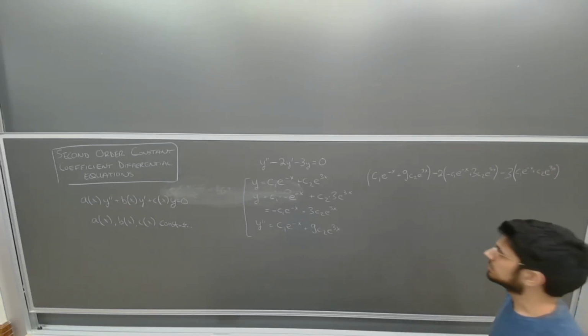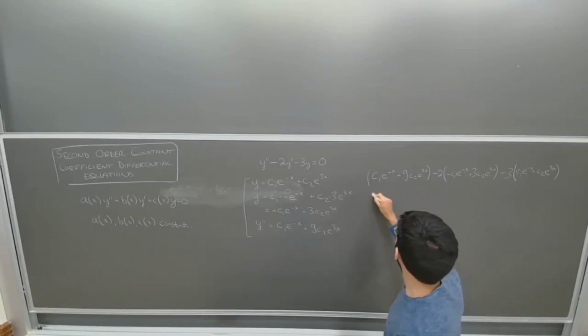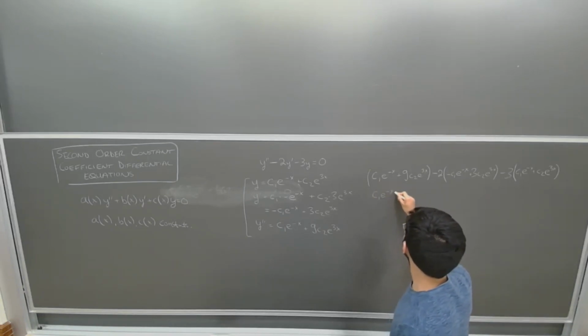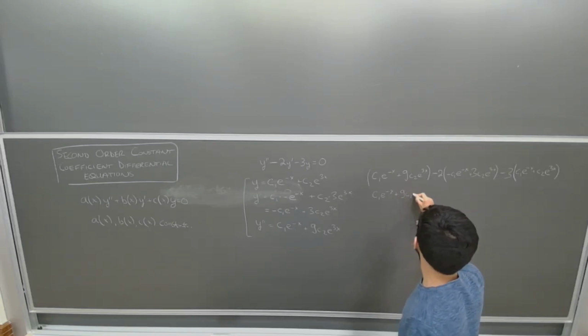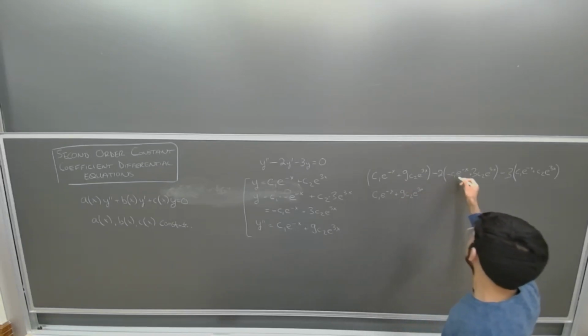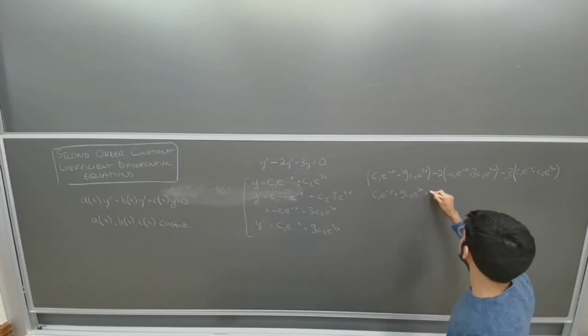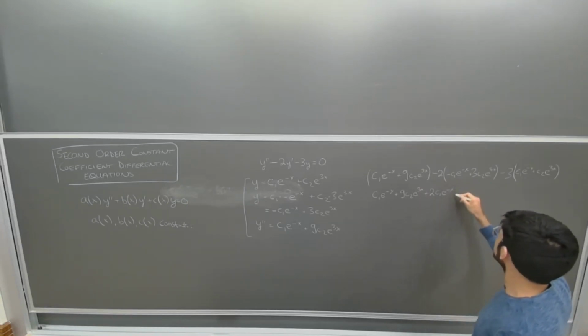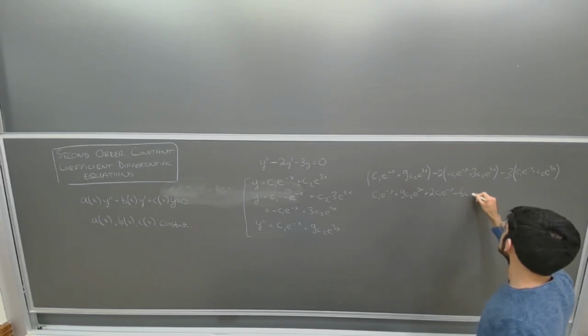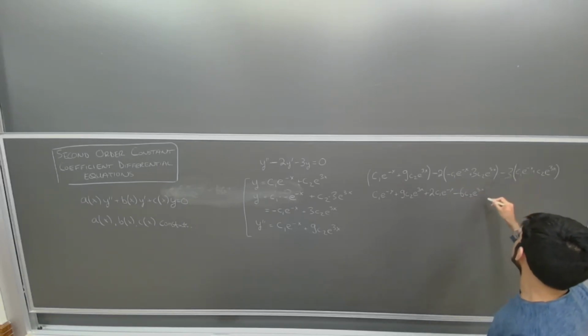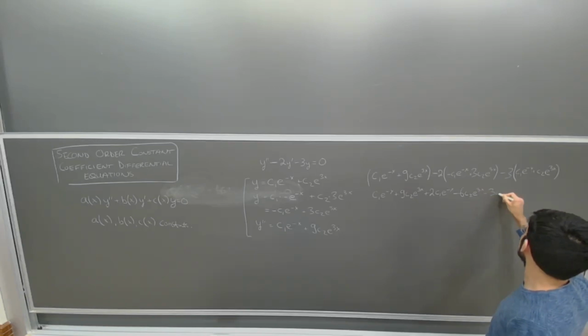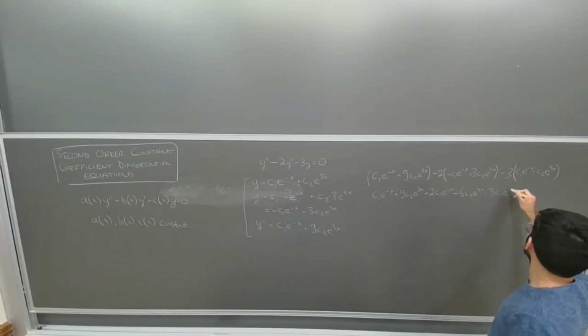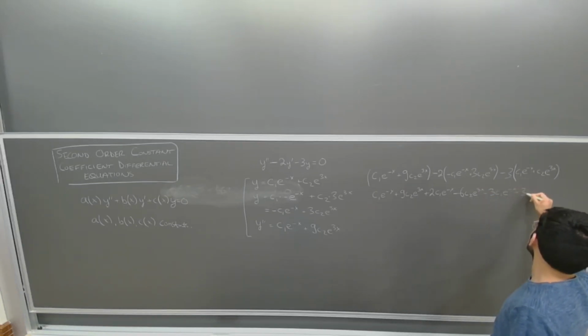All right, so now it's just a little bit of algebra. So we'll just drop the parentheses wherever possible. So the first two terms stay as is. Then minus 2 times minus 1 becomes plus 2 c1 e to the negative x minus 6 c2 e to the 3x. Then distribute this minus 3, minus 3c1 e to the negative x minus 3c2 e to the 3x.